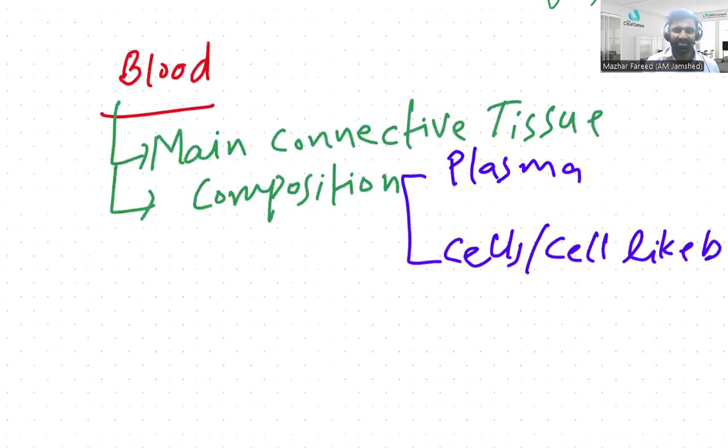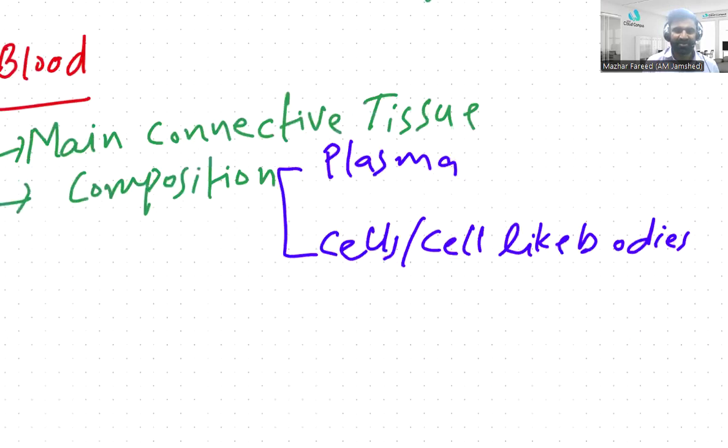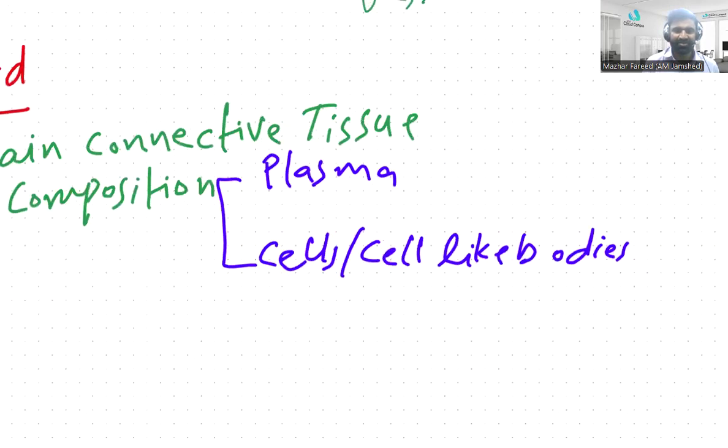The main composition is that plasma makes 55% portion of the blood and cell bodies make 45% of the composition of the blood. So plasma is present in the higher quantity.